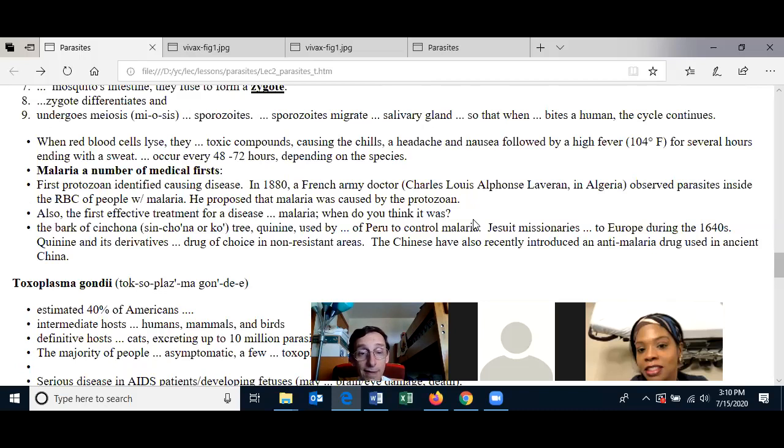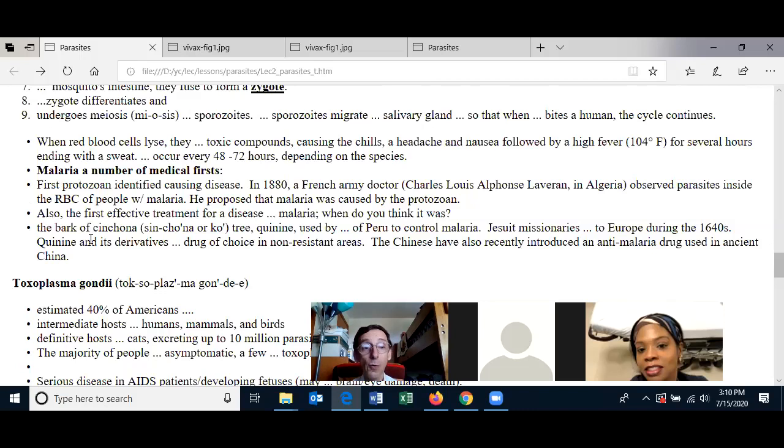And the natives successfully used that bark to cure their malaria. And so the Jesuit missionaries wrote about it and sent back the bark of this tree to Europe. And as I stated, this was in the 1600s, where the West had a successful drug for treating malaria.